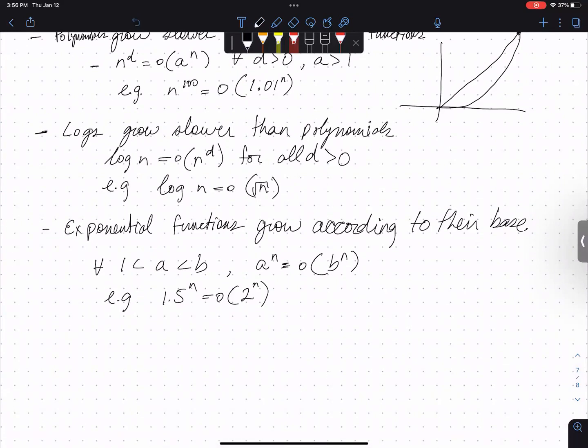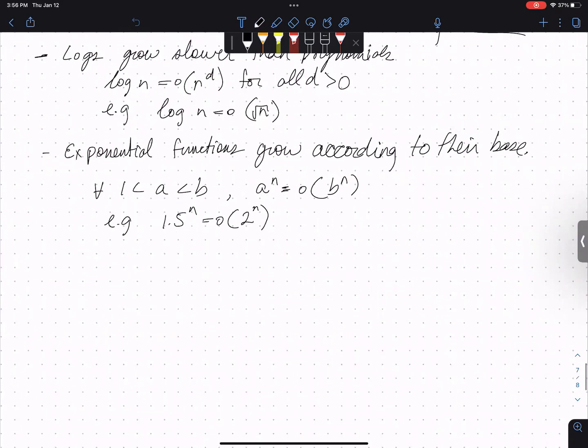One more thing I want to show you is about polylogs. And to do that, I need to give you another property called the multiplicative property.